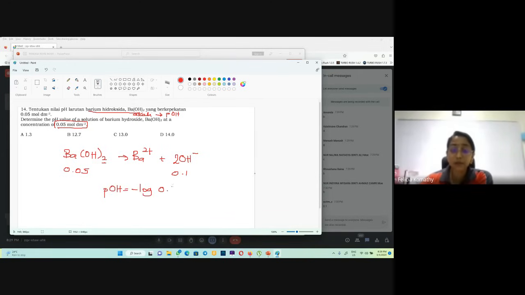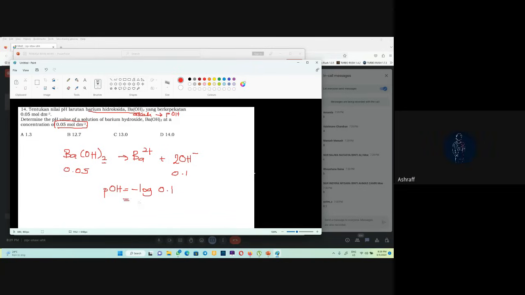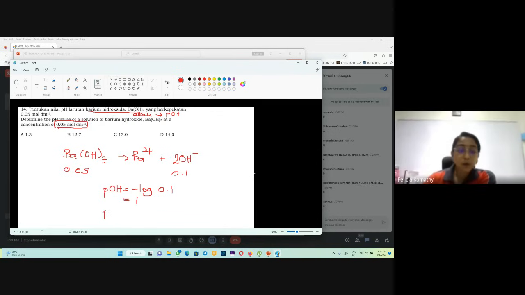Negative log 0.1. What answer do you get? 1. So to calculate the pH, you do 14 minus the pOH, which is 1, equal to 13. So what's the answer? C.